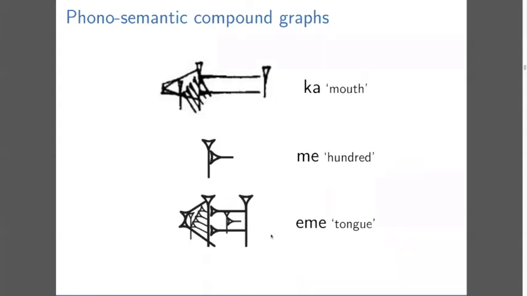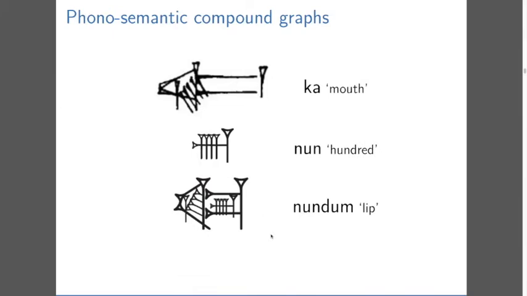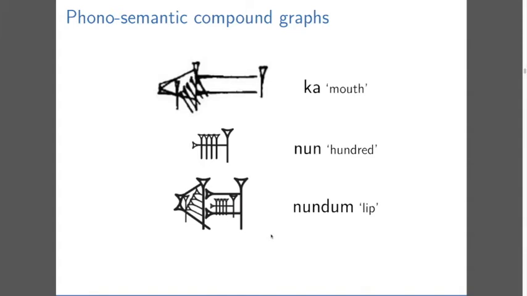You put that inside the sign for mouth, and that's how you form the sign eme, which means tongue. Now just another example of these phono-semantic compound graphs. So we start again with ka, but this time we put nun inside of it. We then get the sign for lip, nundum. So lip has something semantically to do with mouth and something phonetically to do with nun. So that's how we make this sign nundum.